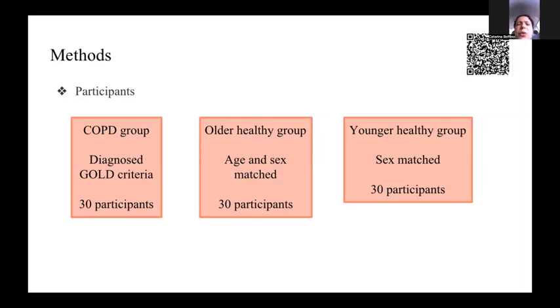We have an older healthy group, age and sex matched, and a younger healthy group that is only sex matched with the COPD group. We have 30 participants in each group who were assessed in the posturography assessment. Please, next slide.